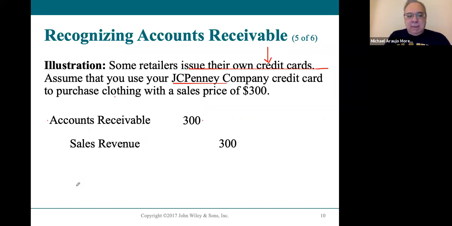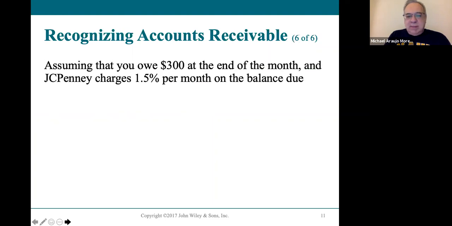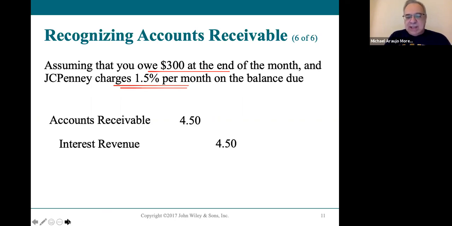And then, of course, retail cards charge outrageous interest. We're lucky here that it's only 1.5% per month, which is 18% per year. Most retail cards are higher than that. And so not only do you owe the $300 at the end of the month, but you also probably owe the interest on that. And so JCPenney would have to, in this case, increase their accounts receivable by the $4.50, which is the interest on the balance.